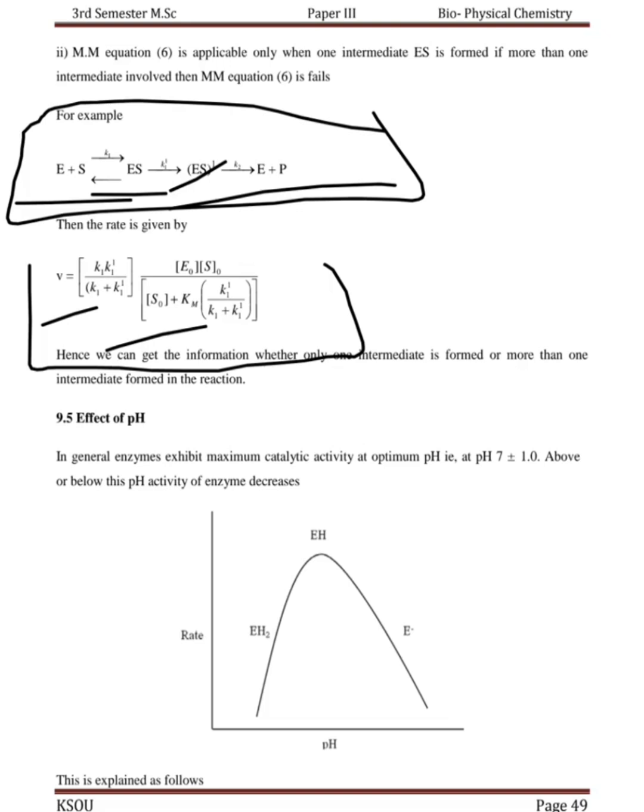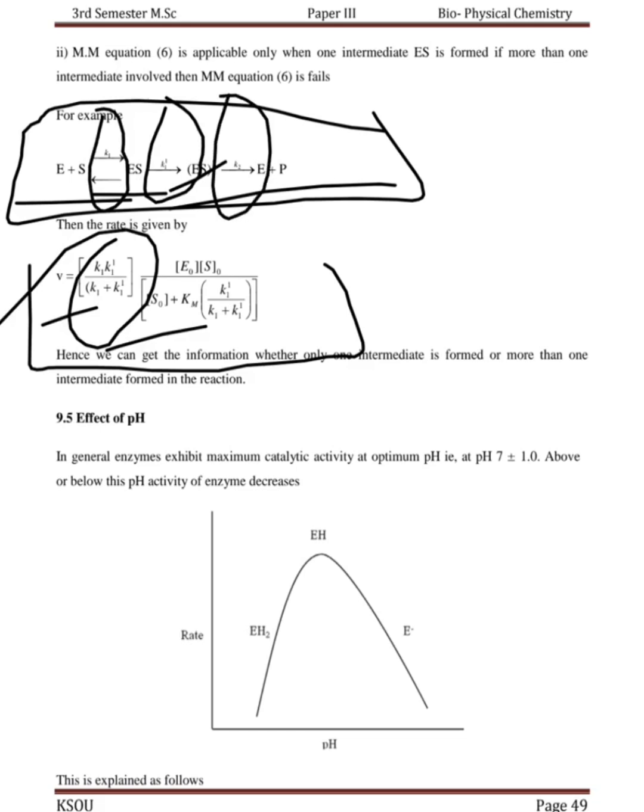K1, K1 dash, K2 are nothing but the rate constants of the first step to the second step and the second step to the third step. E naught is the enzyme concentration, and S naught is the concentration of the substrate.